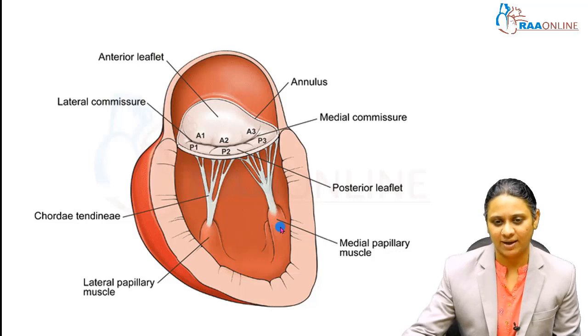The posterior descending artery can be a branch of the RCA if right is dominant, or it can be a branch of LCX if left is dominant, but it has a sole blood supply. PDA is the only supplying artery, while the anterolateral papillary muscle has dual blood supply from LAD and LCX.